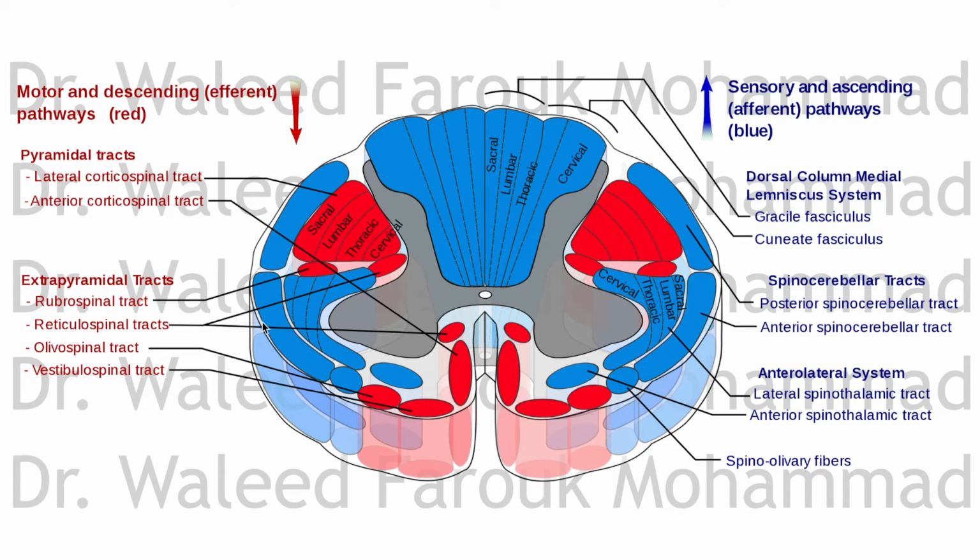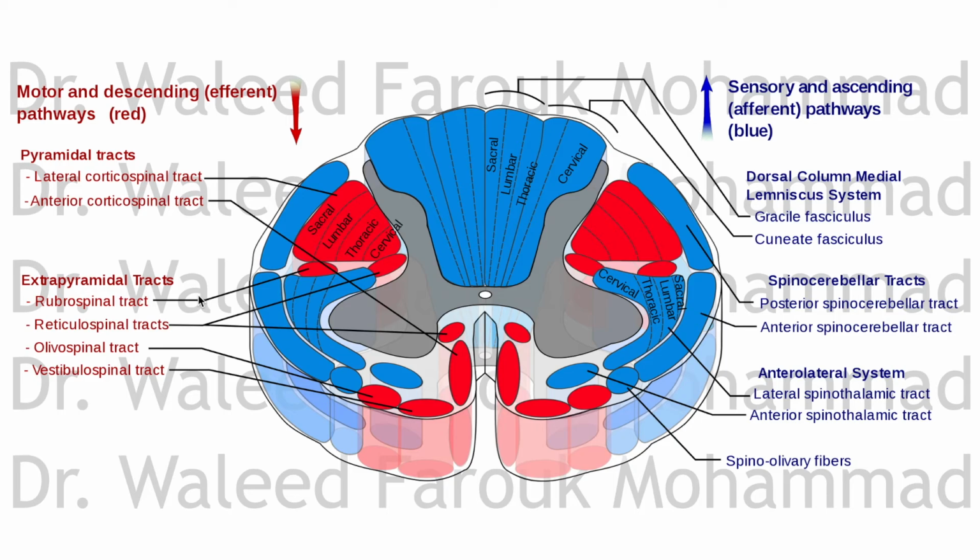Now the long tracts, you can divide them into sensory tracts and motor tracts, and this is the map of the motor and sensory tracts, sensory being in blue and motor being in red. You can divide the motor into pyramidal tracts and extrapyramidal tracts. The most prominent of the pyramidal tracts is the lateral corticospinal tract.